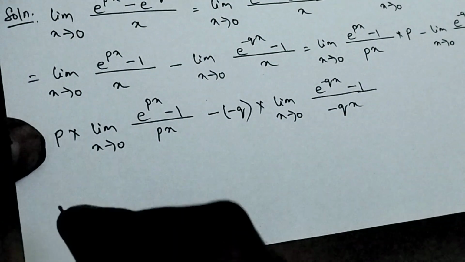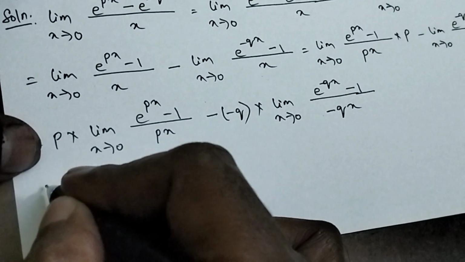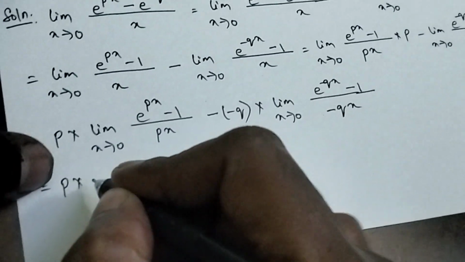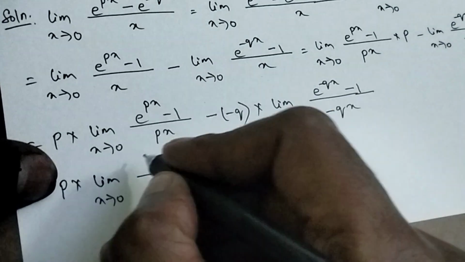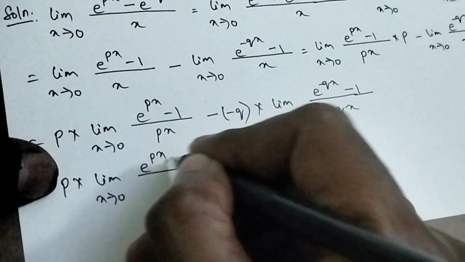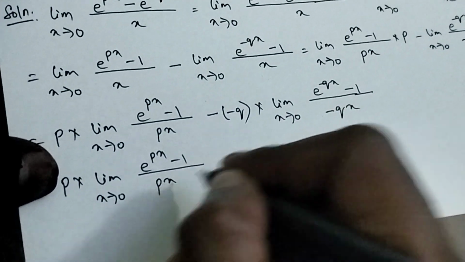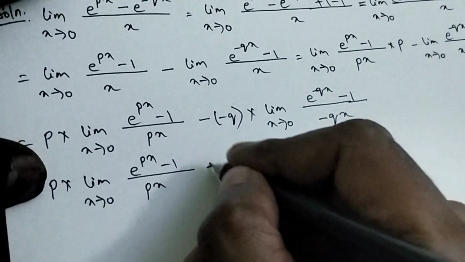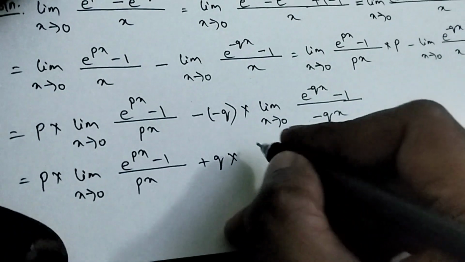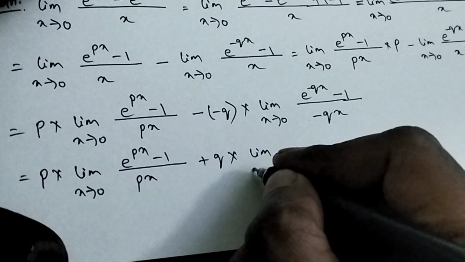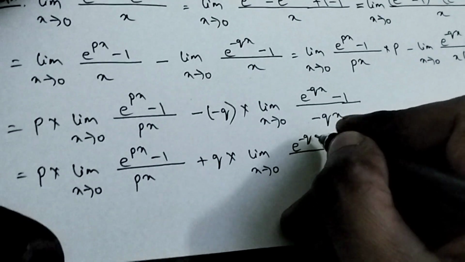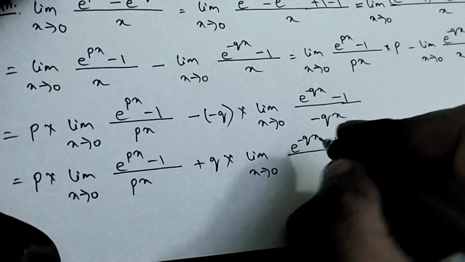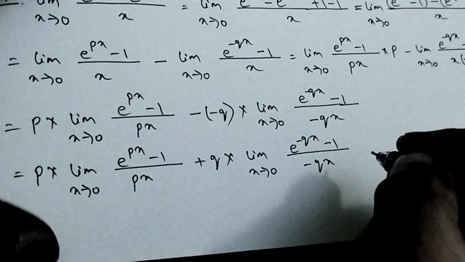So this will be p into limit x tends to 0 e to the power px minus 1 by px, plus q into limit x tends to 0 e to the power minus qx minus 1 by minus qx.